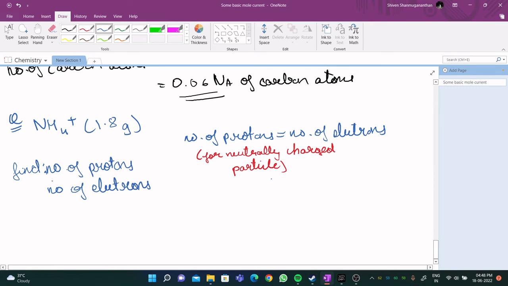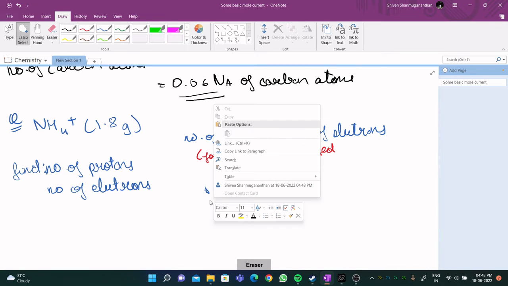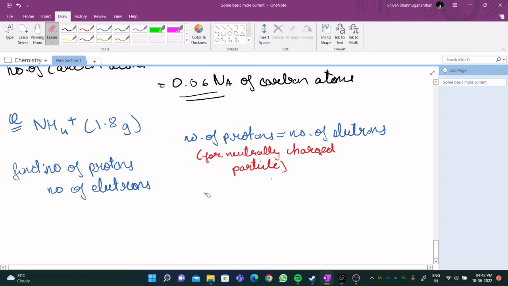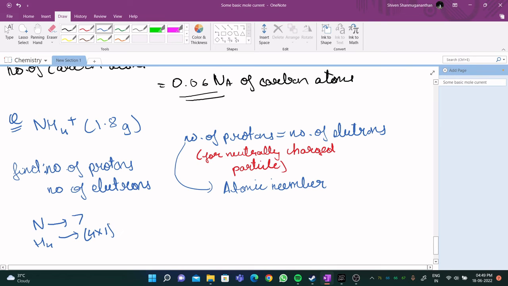All right. So another thing is this. This is basically the atomic number. So the atomic number of N is 7 and we have H4. Now usually it would be 1, but we have 4 hydrogens, so 4 into 1.